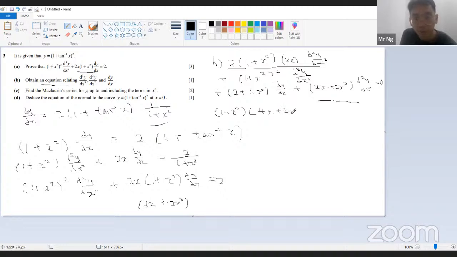I'm going to write the d3, so 1 plus x squared times d3y dx cubed.